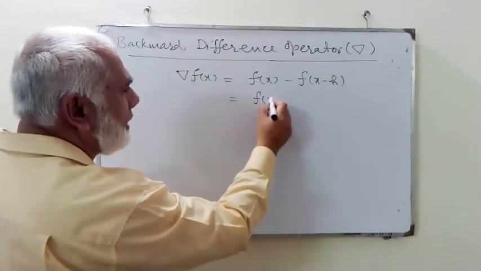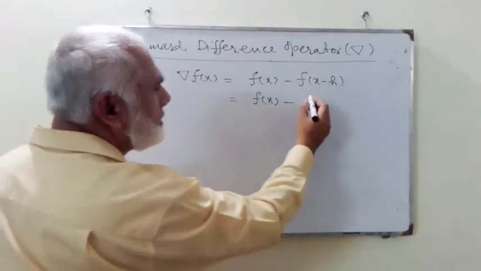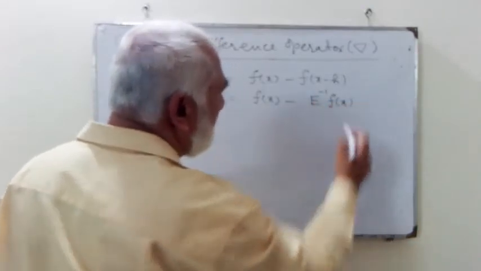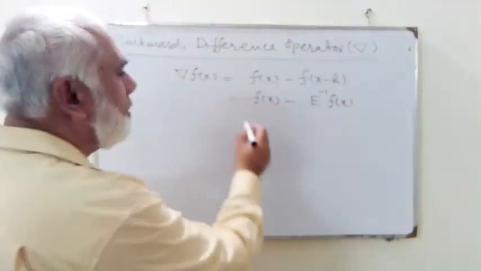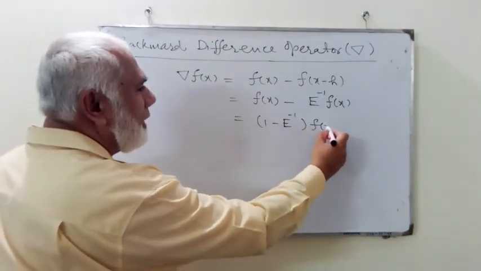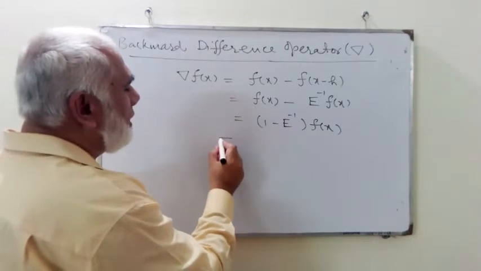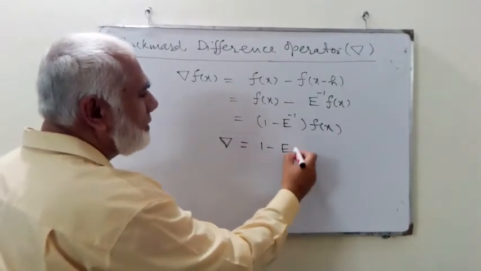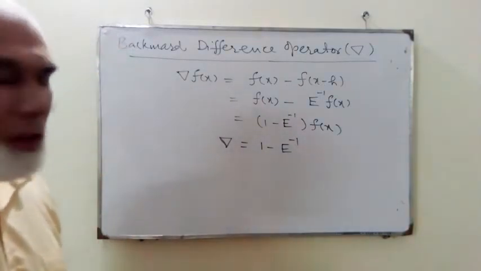I keep f(x) as it is, and for this function I can use the shift operator with the negative power. So here we can take out 1 minus E inverse for f(x), and dropping f(x) on both sides gives you nabla equals 1 minus E inverse.